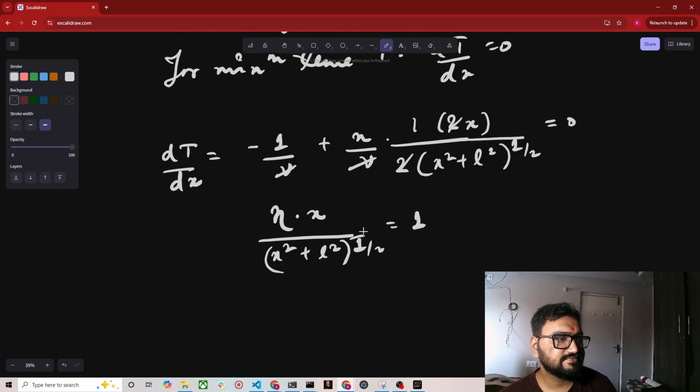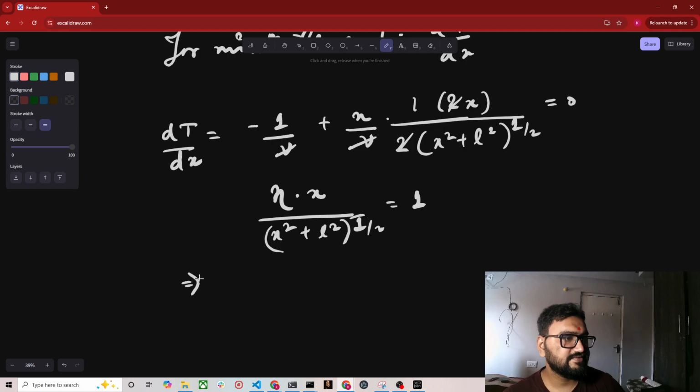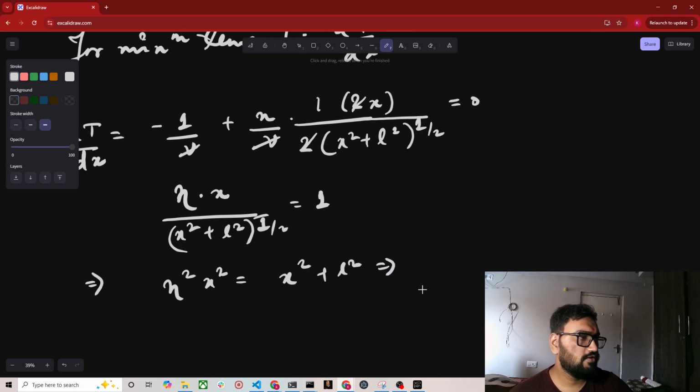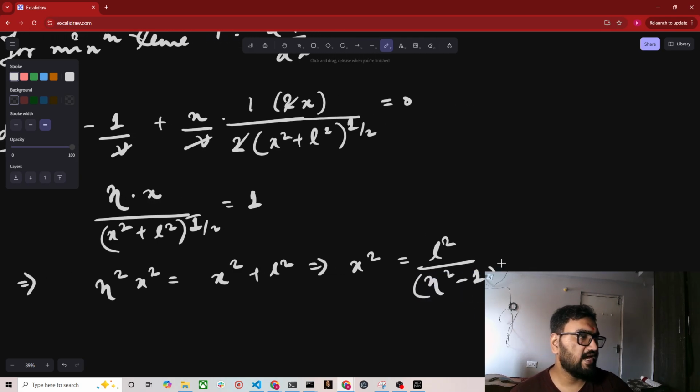This implies eta square x square is equal to x square plus L square. This implies x square equals L square by eta square minus 1. So that gives me the value of x as L by root over eta square minus 1.